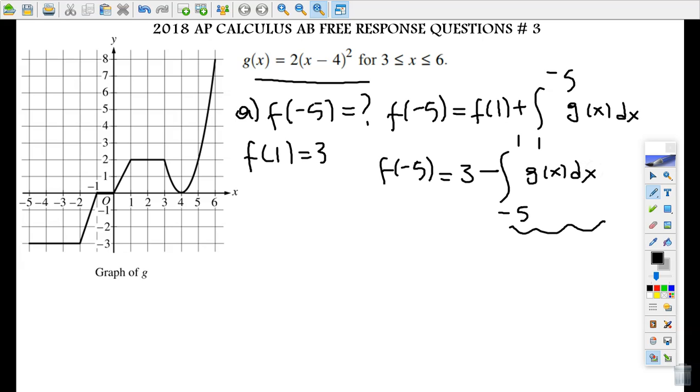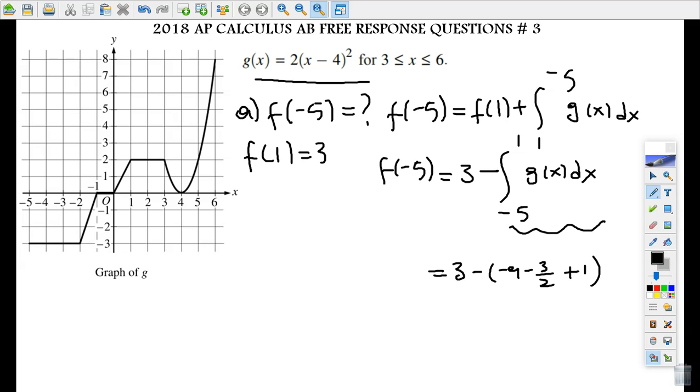This integral from -5 to 1 of g of x dx is going to be the area under the curve. So that's going to be equal to 3 minus (-9 minus 3/2 plus 1).